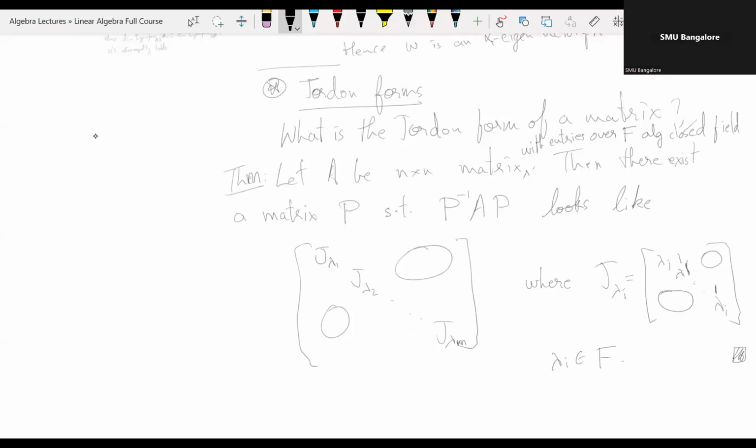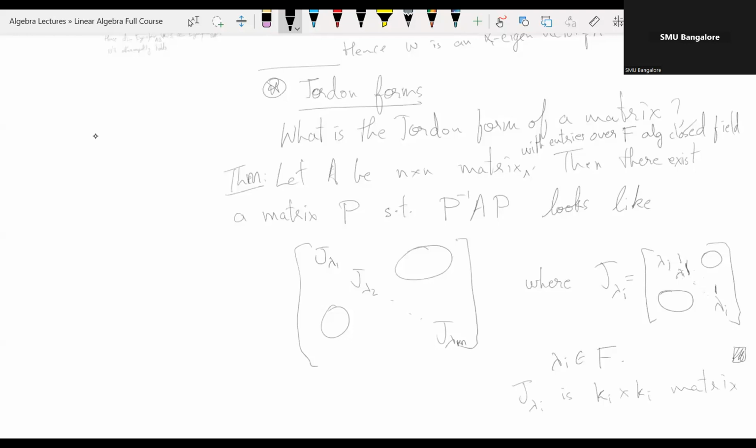So we start with an n cross n matrix, then there may be lambda 1 to lambda m, and each J lambda I is of some size, depending on I. So let's call this a Ki cross Ki matrix.